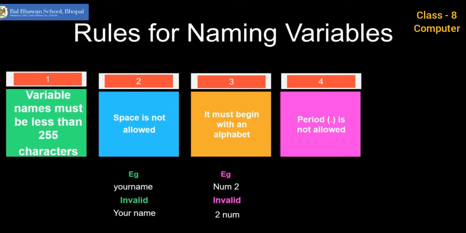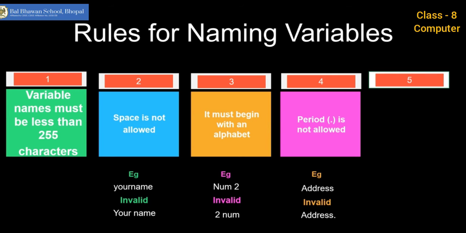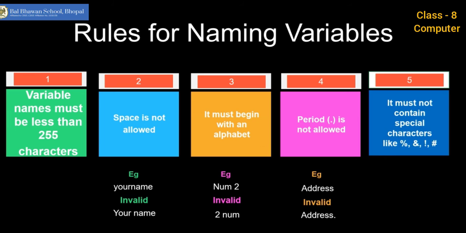Rule number 4. Period or a full stop is not allowed. Example, you can write Address. But if you write Address with a full stop, then that will become invalid. Rule number 5. It must not contain special characters like ampersand, hash sign, exclamation mark.